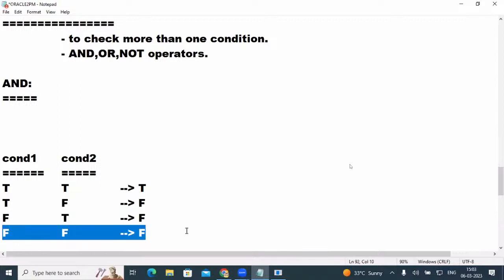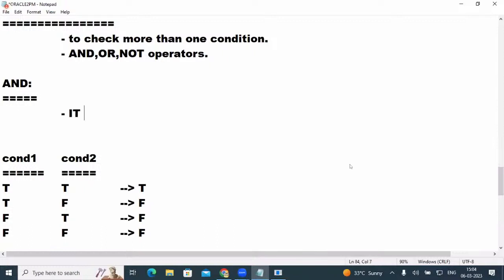If both conditions are false, no value is returned. So with the AND operator, each and every condition must be satisfied, then only it returns true. For example, if you pass 100 conditions, and 99 are true but one is false, will you get an answer? No, never. That is the AND operator.